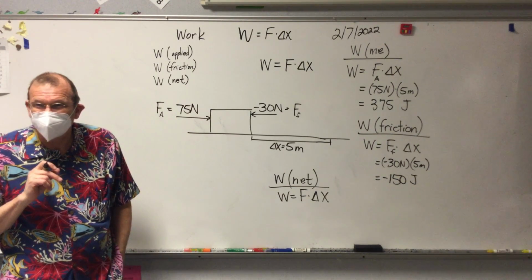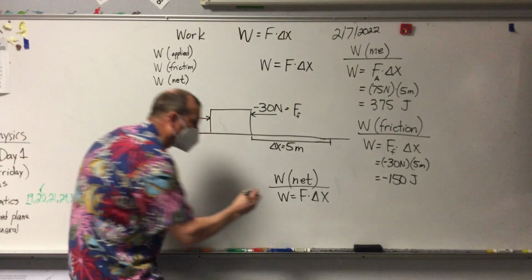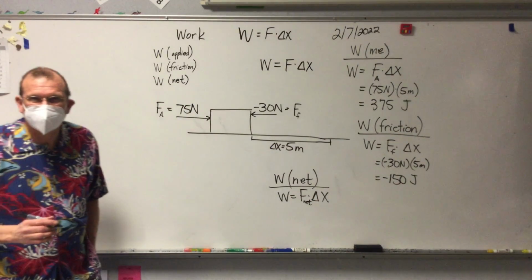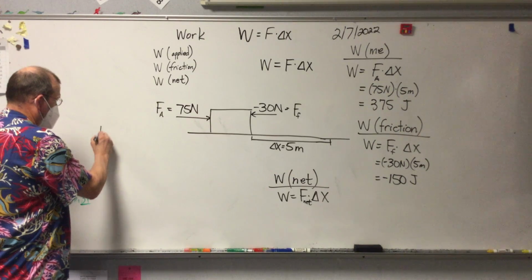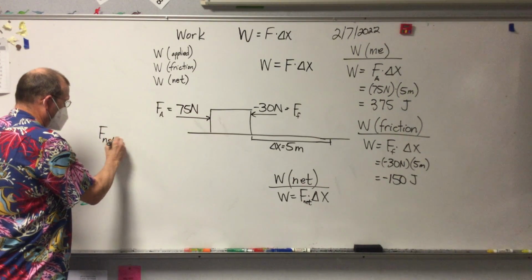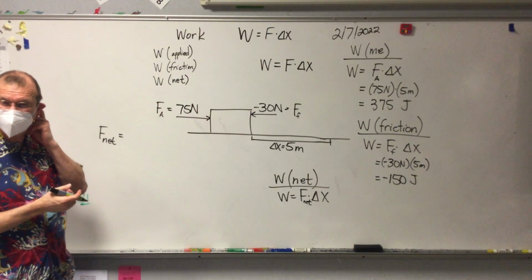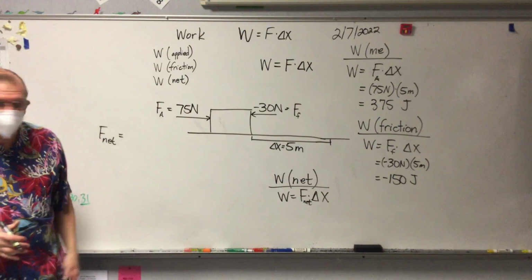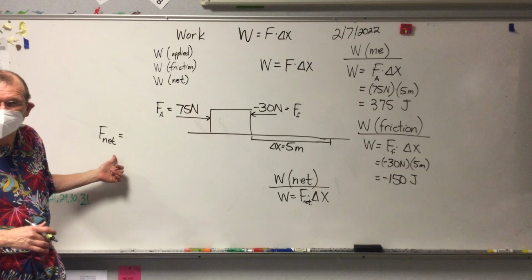It would be the net force. Who remembers how to calculate the net force? There were actually two ways that we could do this depending on the problem. But when we had individual forces in a problem and we needed the net force, what did we do with all of them?